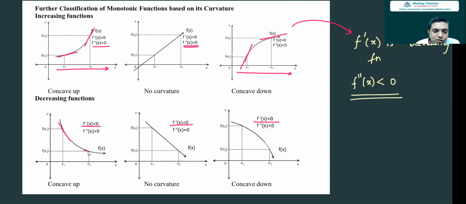It has a negative slope, negative slope, negative slope. So tangents have a negative slope. So this is a decreasing function. As we move from left to right on the x-axis, the function is decreasing. So the first derivative will be negative.